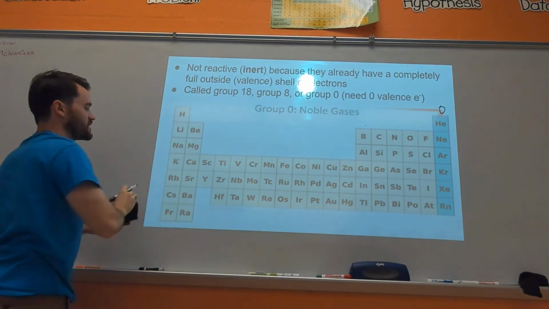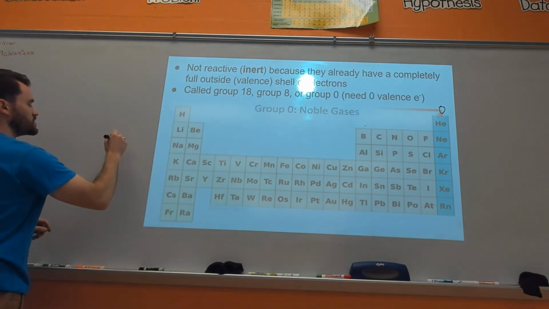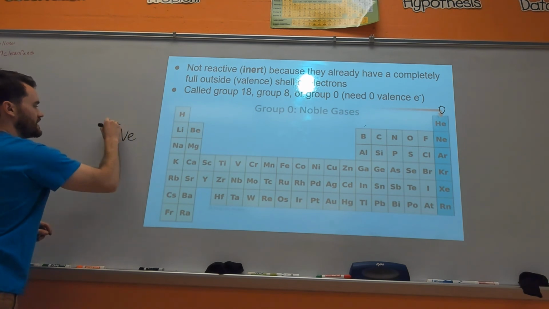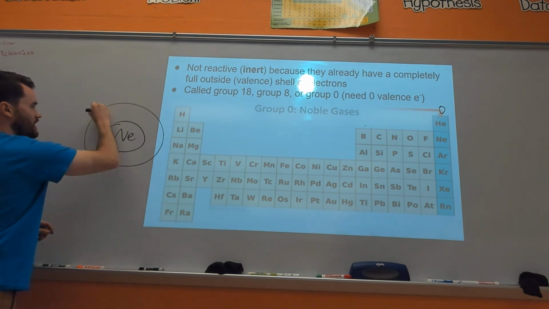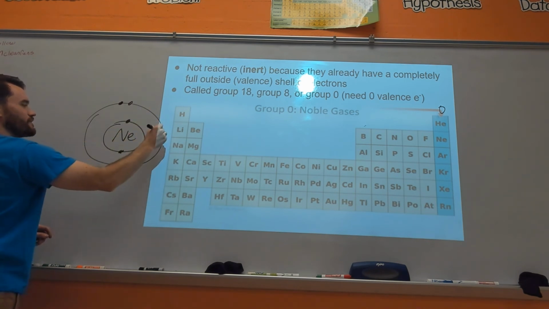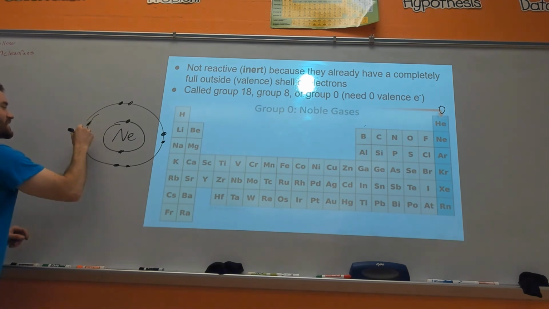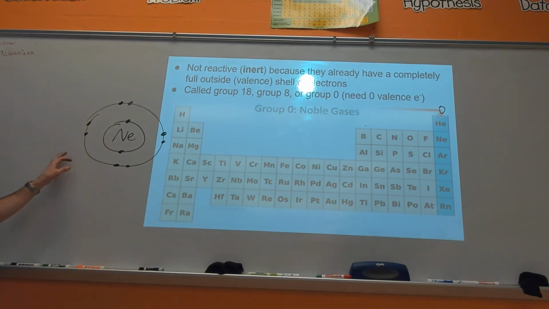Now, they're also called group 0. They're called group 0 because if I draw the Bohr model of, say, neon, neon has 10 electrons. 2 go in the first shell, and then 8 can go in the second shell. Why is that a big deal? Yeah, good.